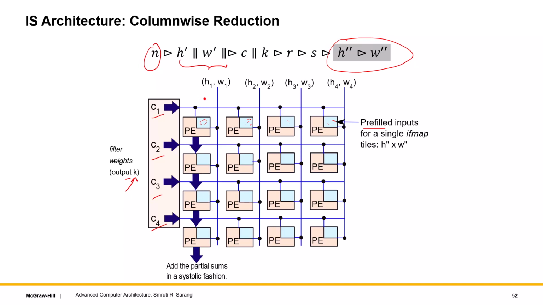Then for a given chunk, because they correspond to different channels and have all been convolved with the respective filter weights, the value of the output is nothing but the sum of this plus this plus this plus this. This is similar to the earlier weight stationary or filter stationary architecture, where each PE was computing a partial sum and the final result was a sum of these individual partial sums. So here also we are doing the same.